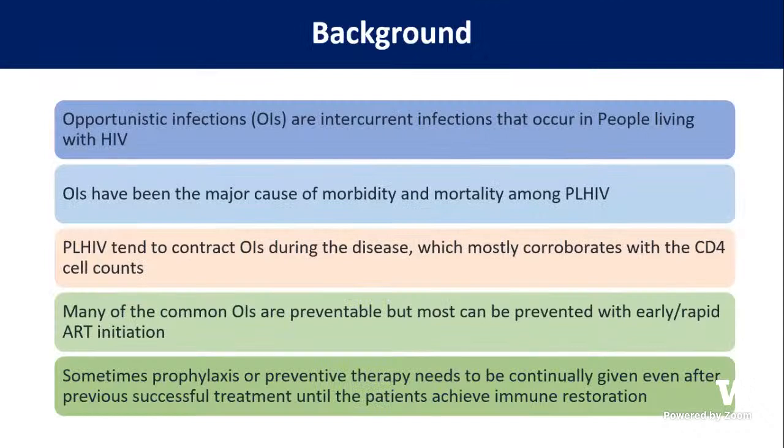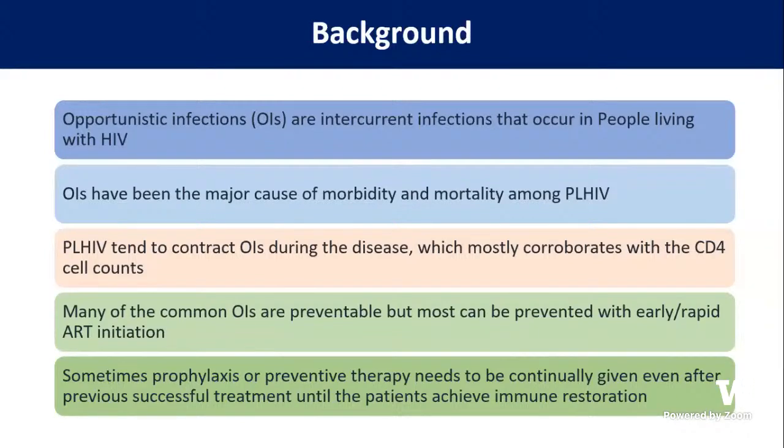So opportunistic infection is that which occurs in a person with HIV because of decreased immunity in that person. As we have already seen in the previous slides, the opportunistic infections are those which are primarily responsible for the morbidity and mortality.